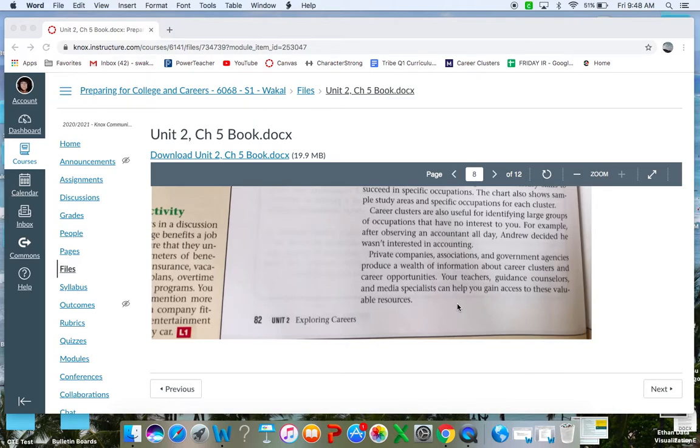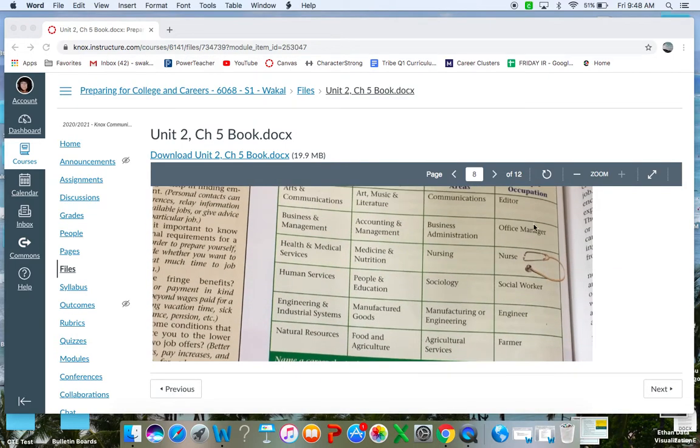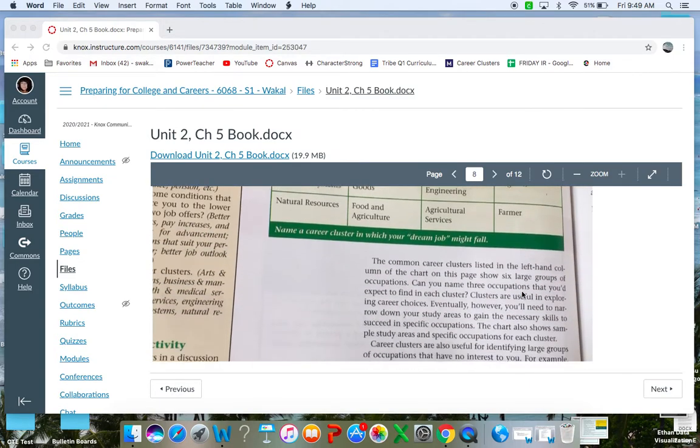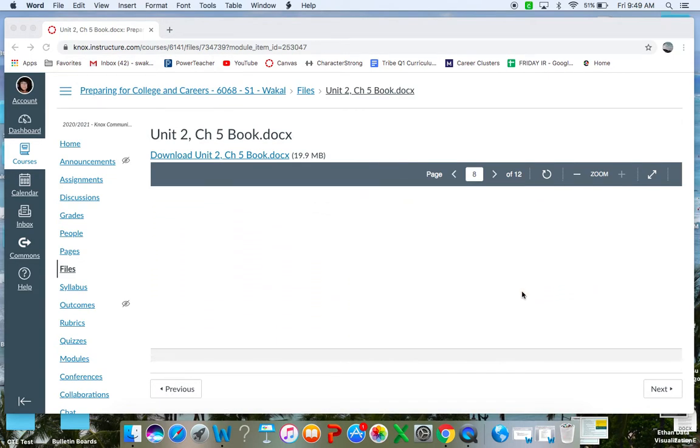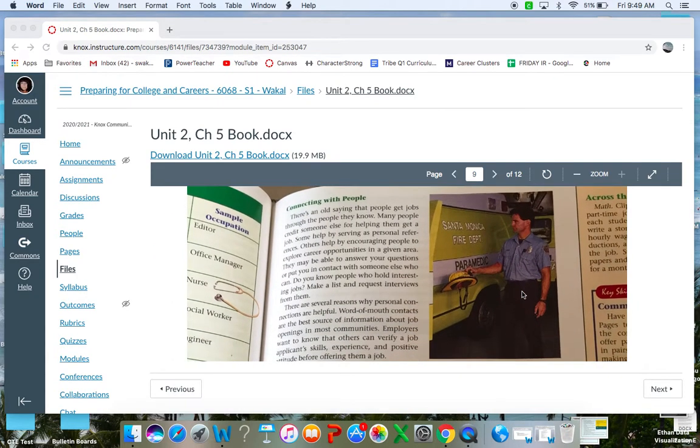And I know if you specifically type in an occupation, like if I were to type in social worker videos into YouTube, I can usually find a sample of someone who is a social worker and they're talking about their job. And that might give you an idea about what that person does and if you'd even like that or not.